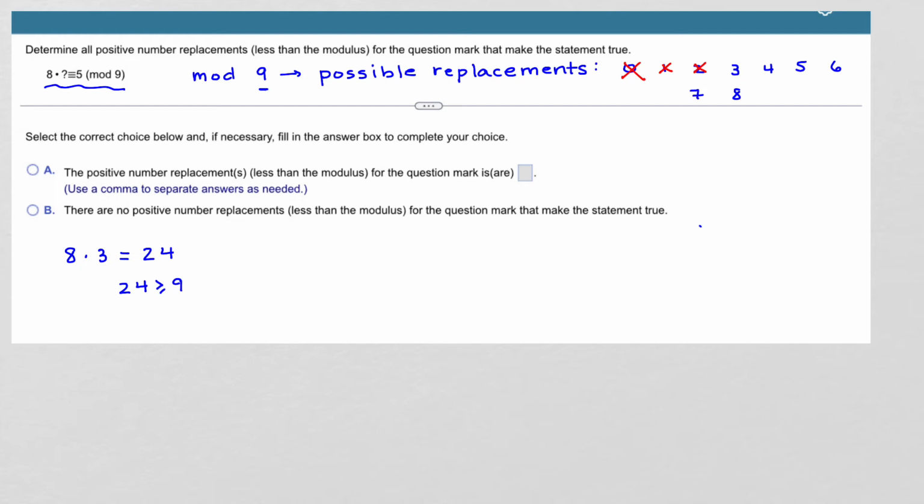I need to convert this to a mod 9 number. It needs to come out to be something between 0 and 8. So I'm going to take 9 into 24, and 9 goes in twice with a remainder of 6. So 24 is equivalent to 6, but that's not equal to 5. We're getting closer. So the number 3 didn't work, so that's out.